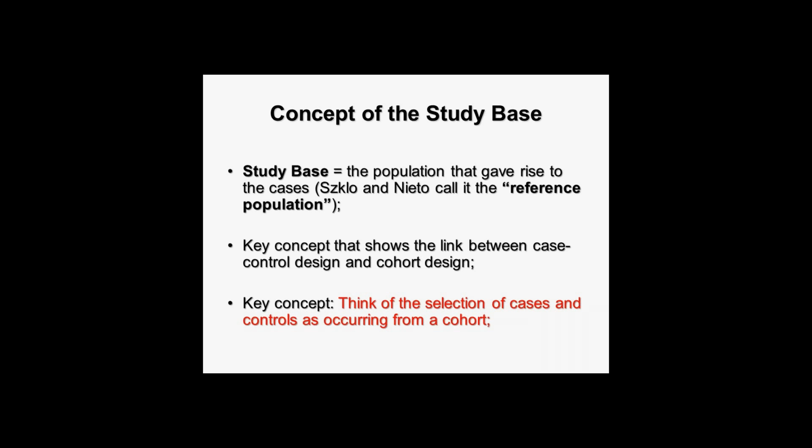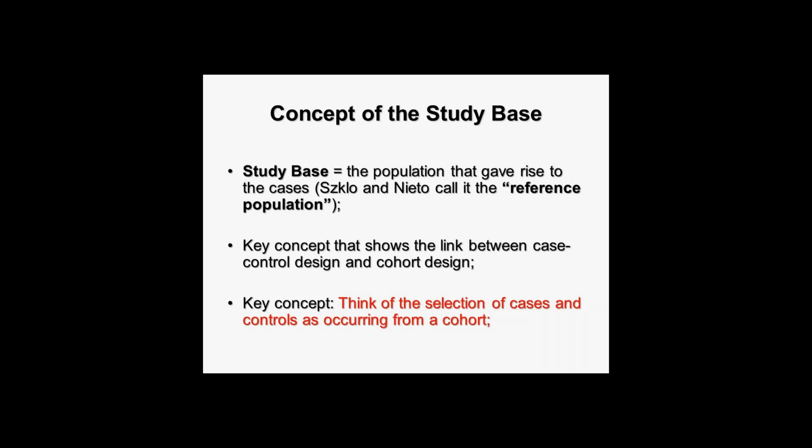The only thing with primary study bases, though, is that you may miss some cases, because you don't have any sort of registry that picks up all the cases. To go against that, you have the idea of a secondary study base, in which case you do have the disease registry, like SEER. You're familiar with SEER, the cancer registry we have within the United States. Any case control study from SEER is a secondary study base, because you're taking your cases, not knowing the populations from where the cases came, and then you have to go back in and find out exactly where those cases came from, and then find controls to match them up.